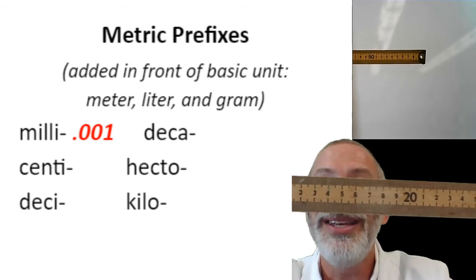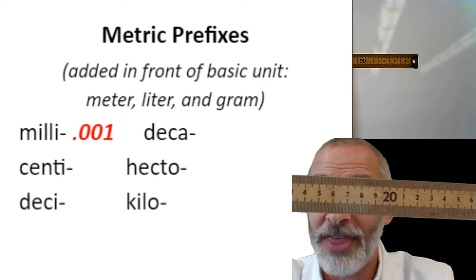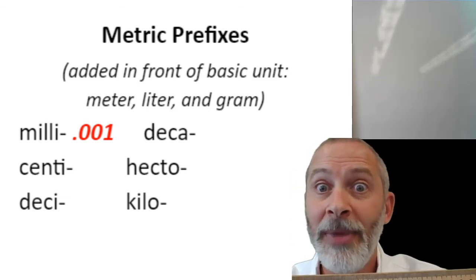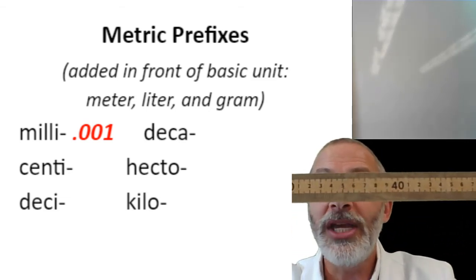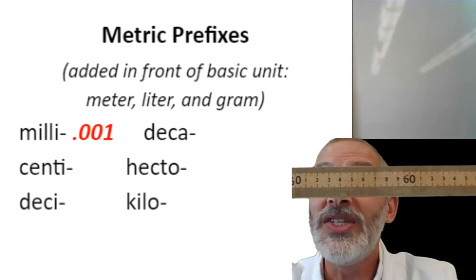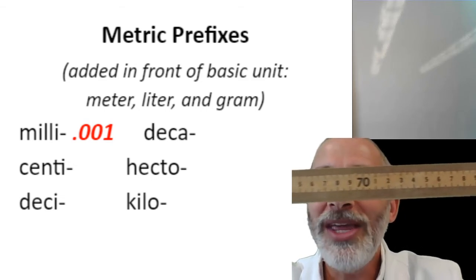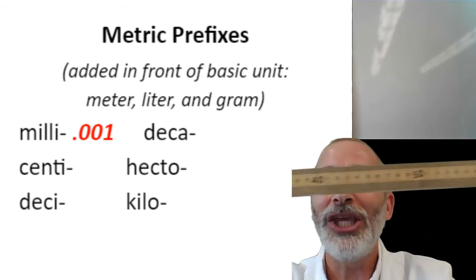Each of those are one tiny little slice. There are 1,000 of them in a meter. And so each one of those is 1/1000th or 0.001 of a meter.